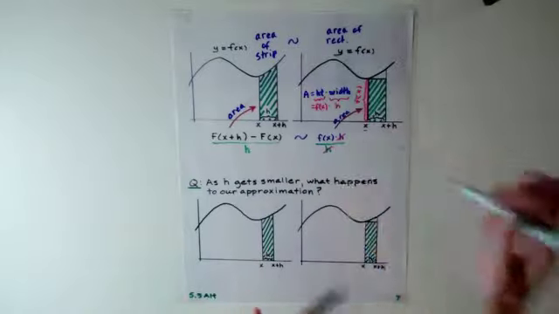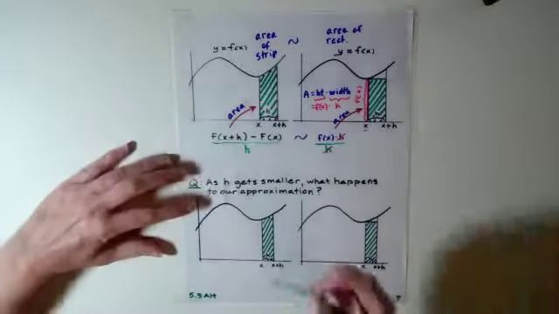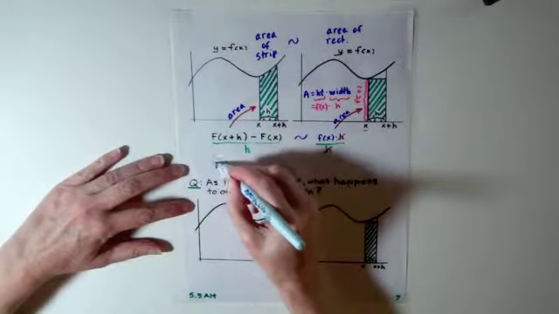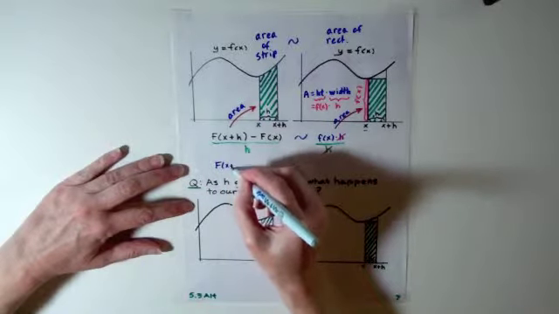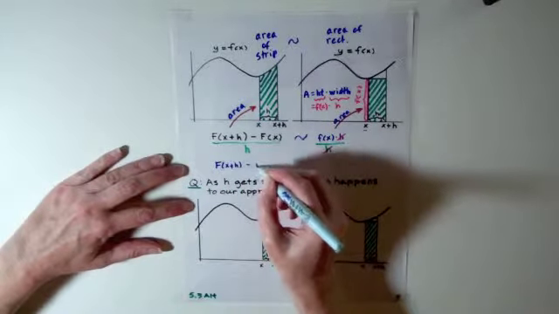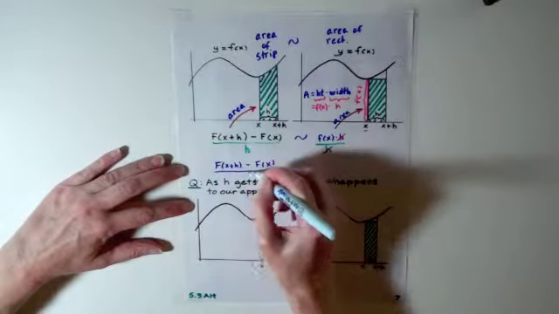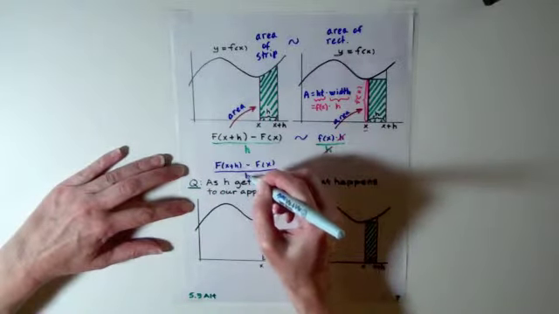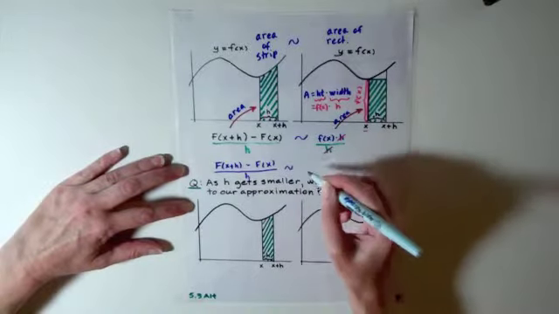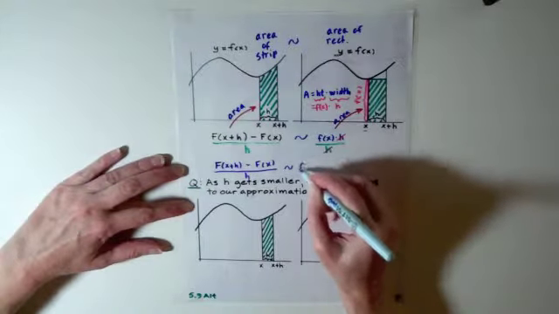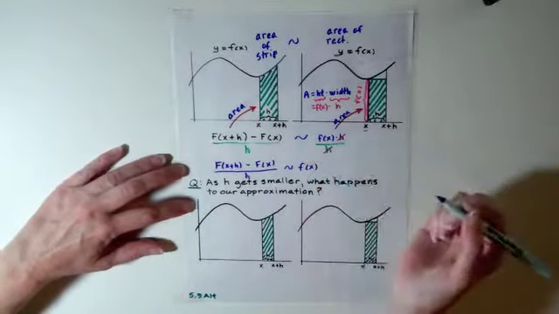I could cancel those. And what do I end up with? I end up with the following, that capital F of x plus h minus capital F of x, divided by h, is approximately equal to, and all I have left on the right side is little f of x.